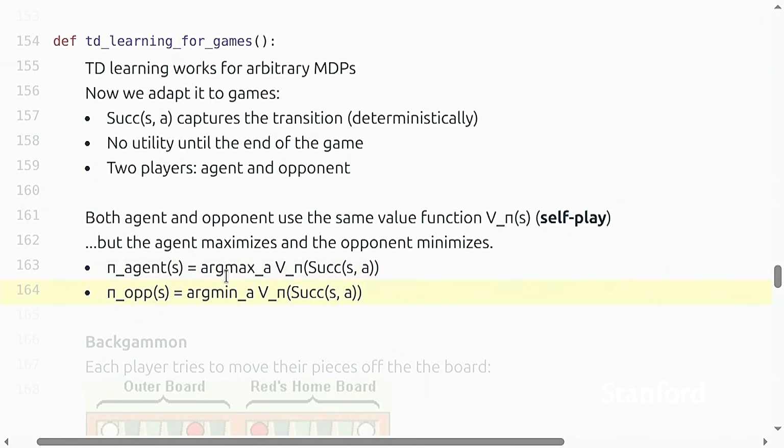So you just replace the argmax with argmin, and you say that's the opponent policy. Okay? So it's actually pretty nice that all you are focusing on in TD learning is estimating these v pi. And once you have v pi, you can play either the agent or the opponent. And this is generally true. If you know what's good and what's bad, you can choose to do the good thing or you can do the bad thing.